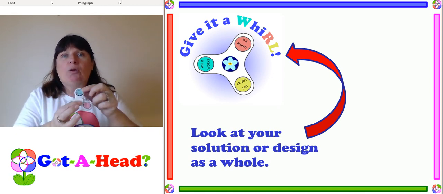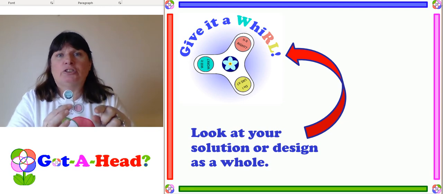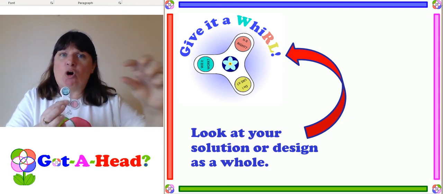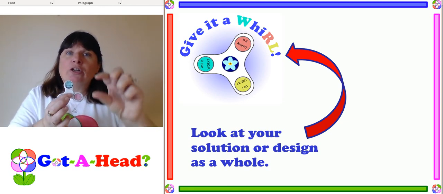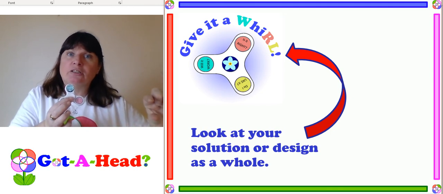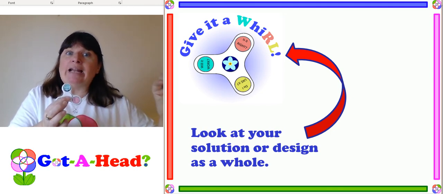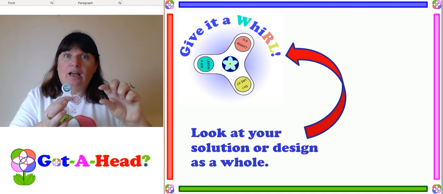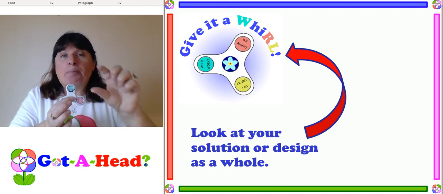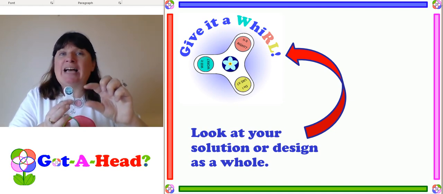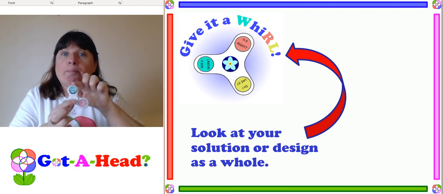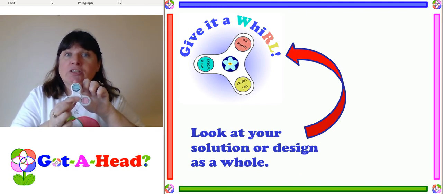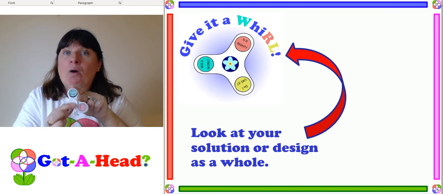So if you say, well, actually, I really like that solution, but I don't think this element of it will work, well, you can go back to the explore stage, and can you enhance that idea? Or construct it by putting it together with something else so that it will work. So you come back and answer this question positively. Yes, I think it will work.